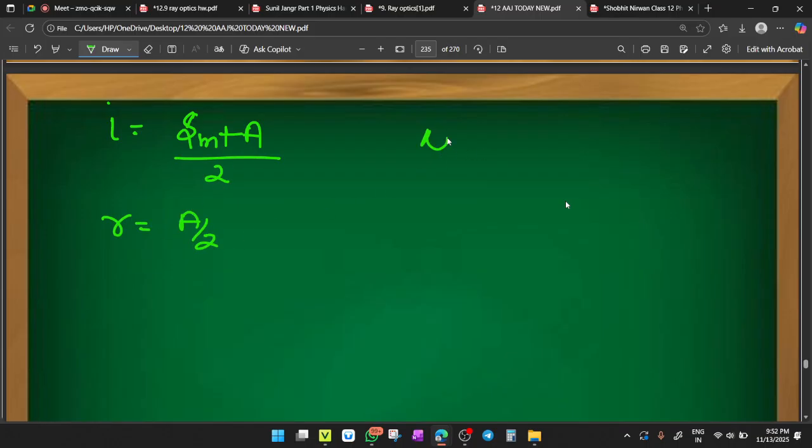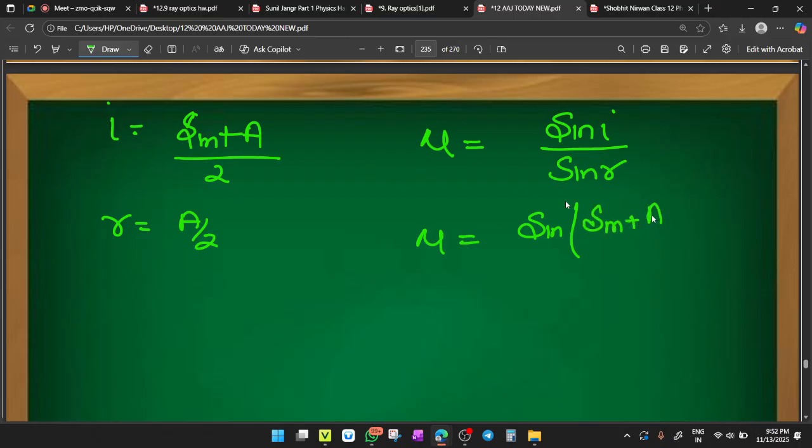Now the refractive index of the prism mu, by Snell's law, equals sine I upon sine R. So you place the values: mu equals sine of delta M plus A by 2, and for R, sine of A by 2. Clear or not clear?